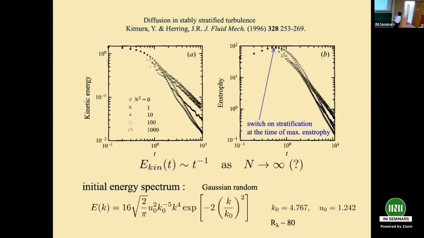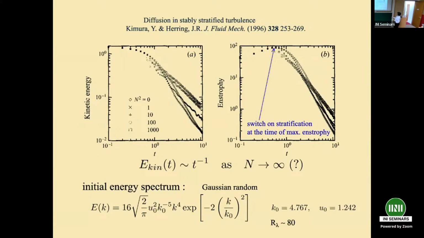We switch on stratification when there are many isolated isotropic vortices or something like that. Then we start the stratification.